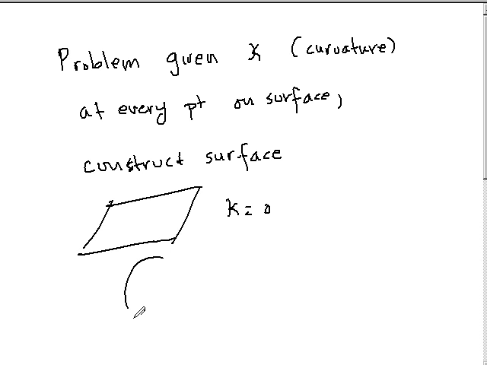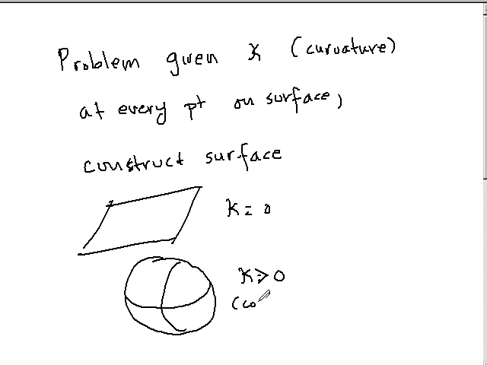Now, this Gaussian curvature has a nice property that if you have a plane, the curvature is 0. If you're on a sphere, the curvature is positive and constant.